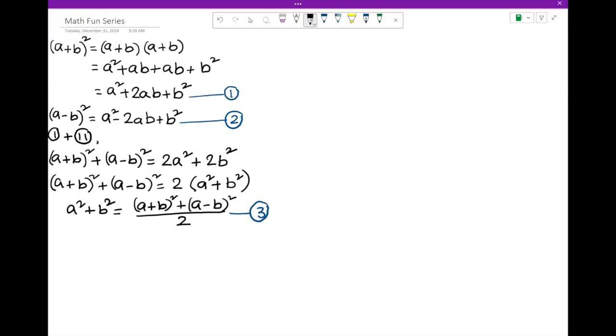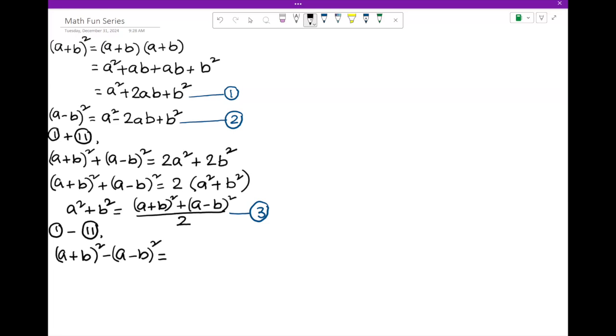Let's see what happens if we subtract equation number 2 from equation number 1. We get a plus b whole square minus a minus b whole square. On the right side, if we subtract, the a square and a square will go away, and the b square and b square will go away.